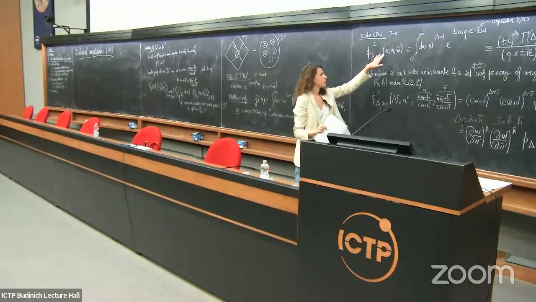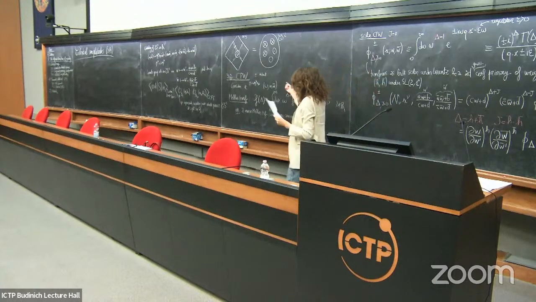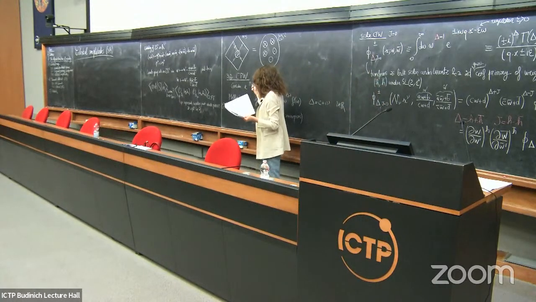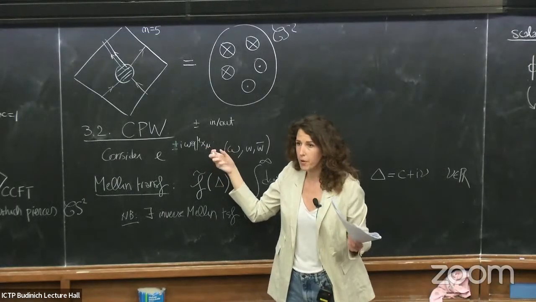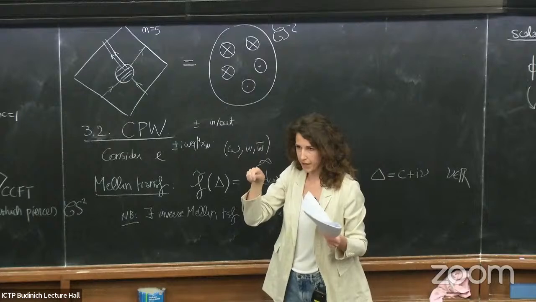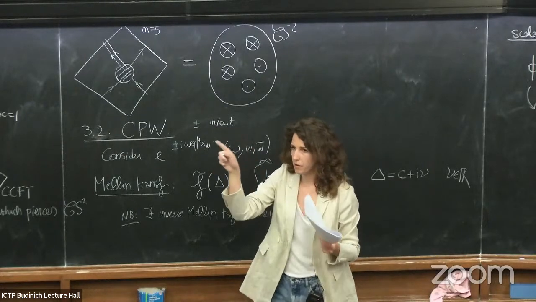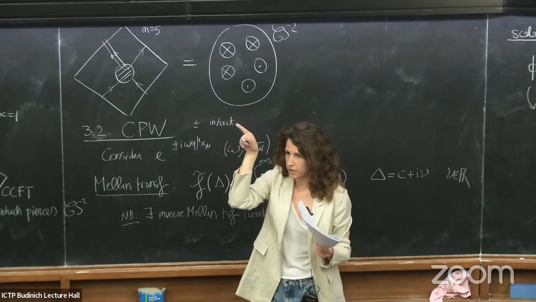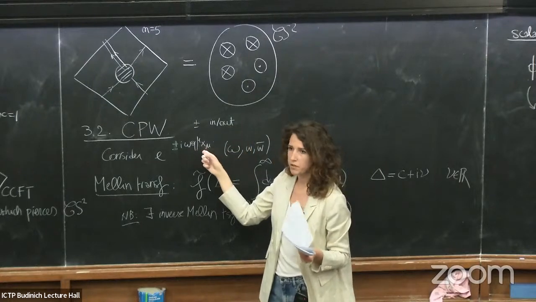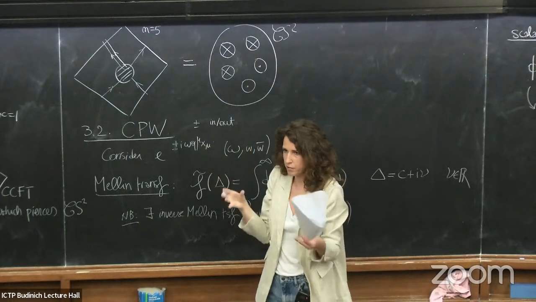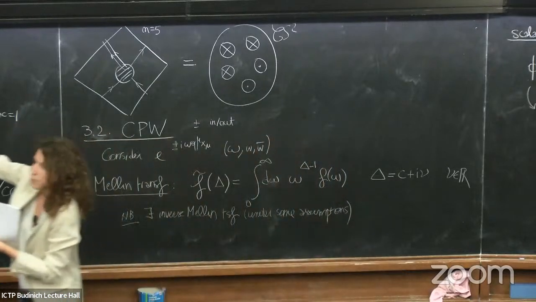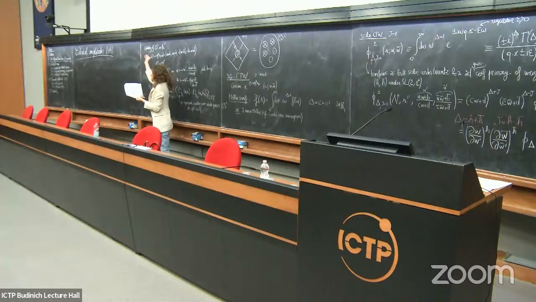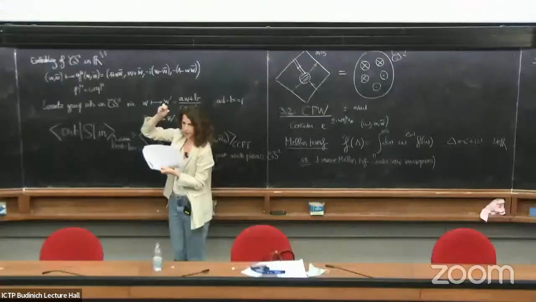Well, in principle, a plane wave depends on the bulk point at which it is defined, but also has a momentum which is pointing towards a point on the sphere. So this plane wave is also an object which depends both on X and on this Q. But now I'm choosing an embedding where this Q is parameterized by W, W bar.